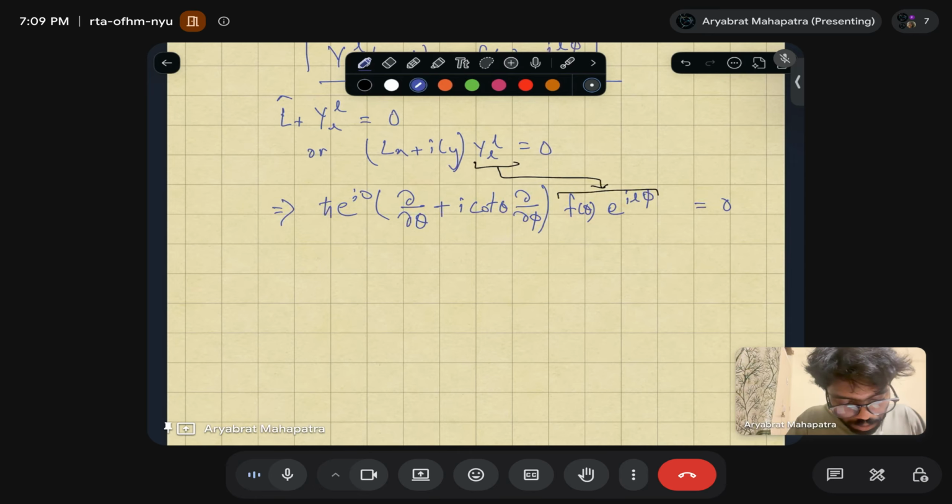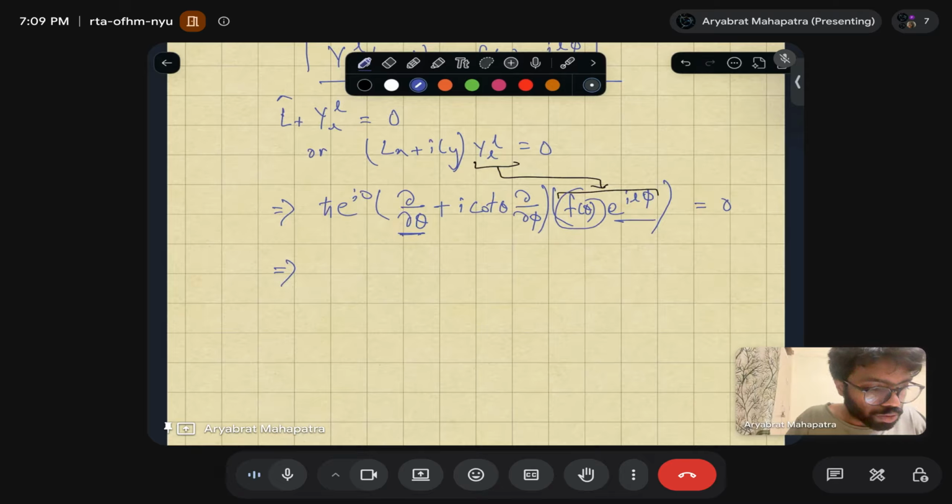So again we have some sort of differential equation here. If I take the derivative of f of theta exponential I phi, the differential operator with respect to theta will only act on f of theta.